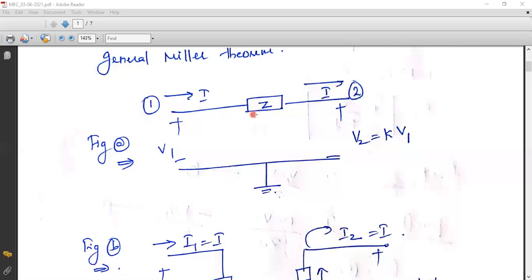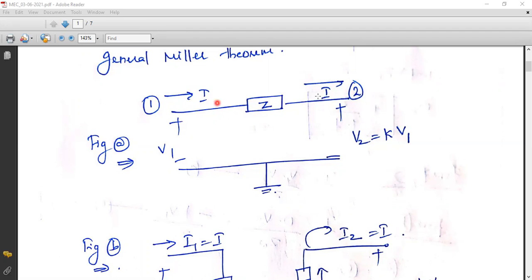For example, I have an impedance Z connected between 1 and 2. This can be considered as a bridging capacitance, right? Because it is in the bridge between the two terminals 1 and 2, where V1 is the voltage at the input port and V2 is the output voltage of port number 2, where I is the input current, and similarly I will be the output current.